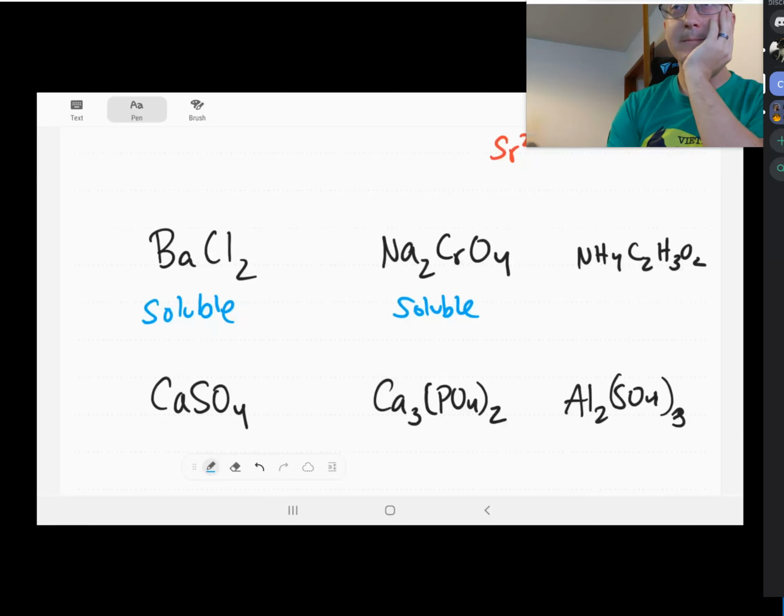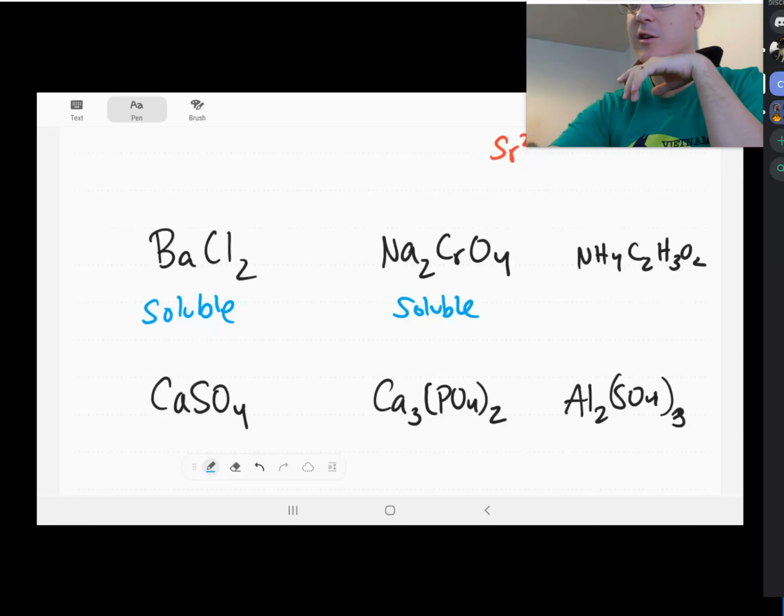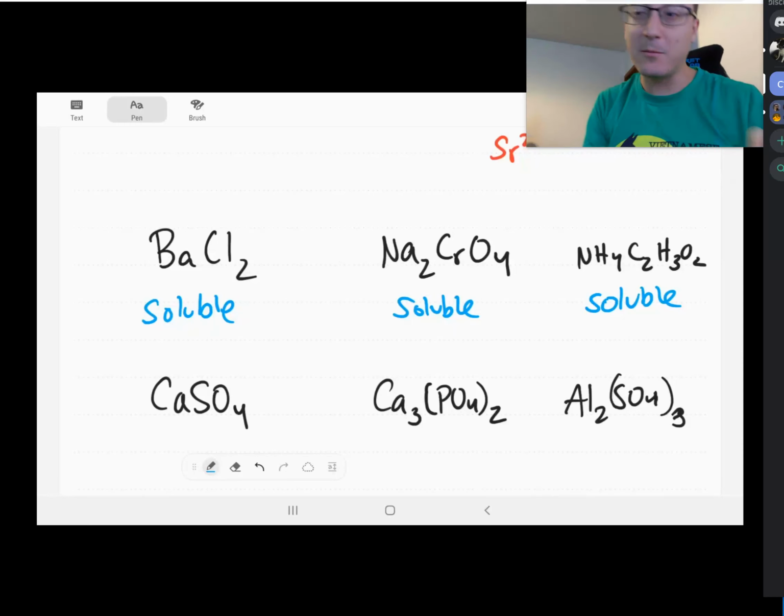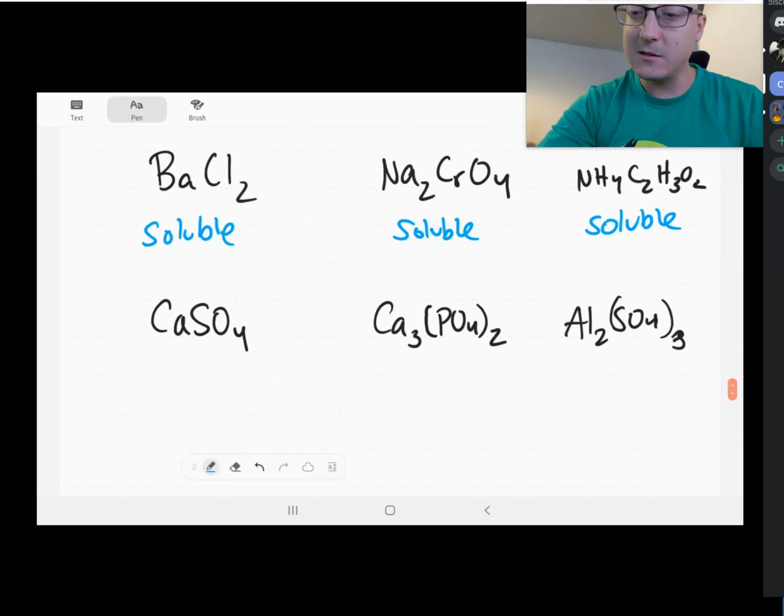Ammonium acetate. What are we thinking? Yeah, soluble also. Very good. Both ammonium and acetate make anything soluble, so if you have them both there, you better bet it's soluble.